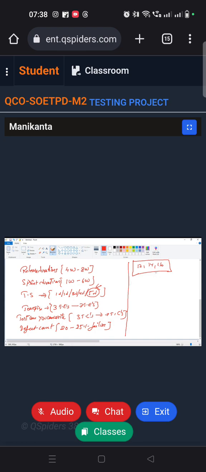Project duration. If you have completed the previous calculations, I want you to do the calculations today completely. These are all ranges, so you can take anything in between.